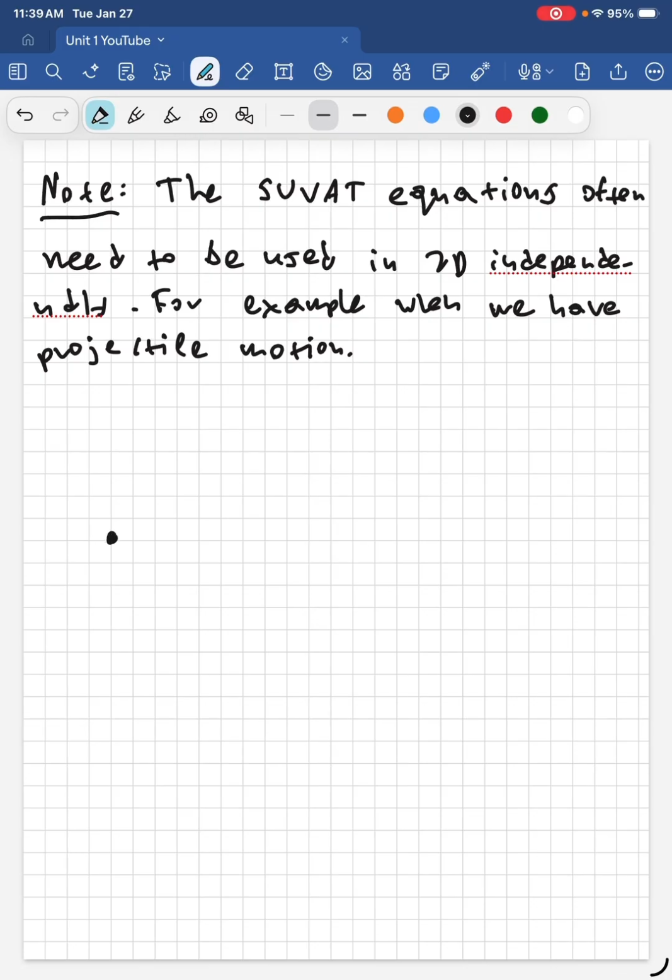So let's say we have some projectile that has some initial velocity u, but this initial velocity u makes an angle theta with, say, the horizontal axis, okay, then the SUVAT equations need to be applied in the x and y directions by resolving the vector.